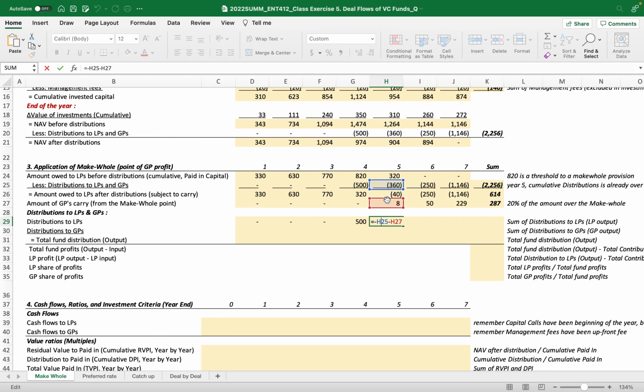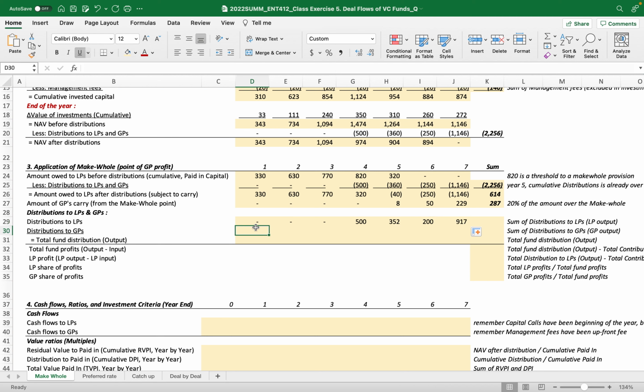Why? Because the excess amount out of 820 is 40. Out of 40, 20% is for GP's carry. So minus 8, right? 360 minus 8 is now 352, the LP's distribution, the profit. The same way we got this number, right?